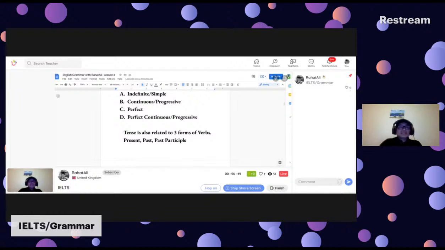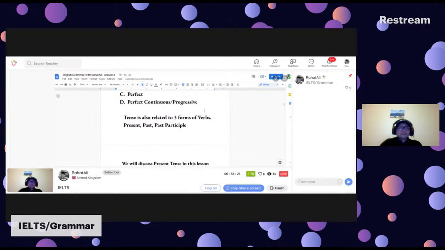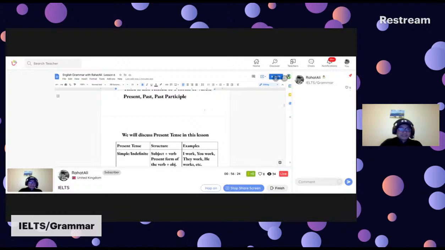But what does verb mean? If you understand the definition of verb, then it will be easier for us, because each verb has three forms: present, past, and past participle. So we'll discuss present tense in this lesson today.